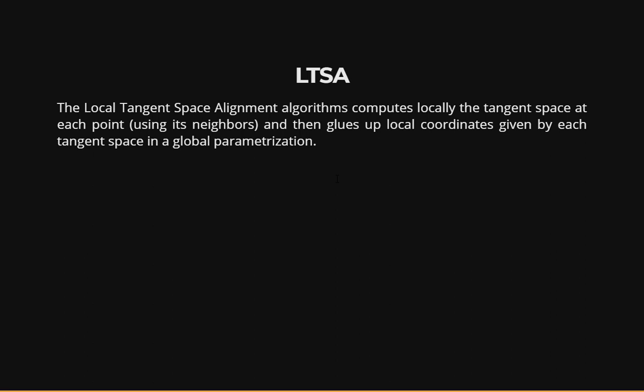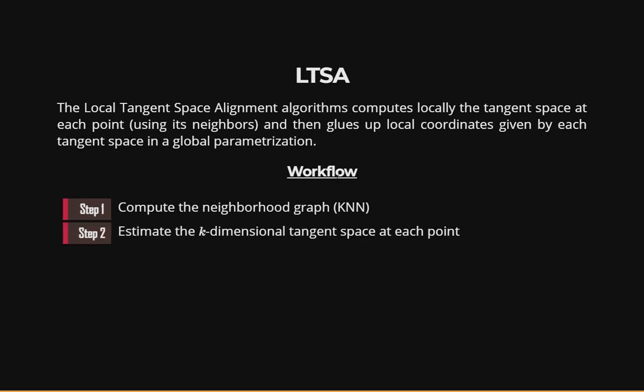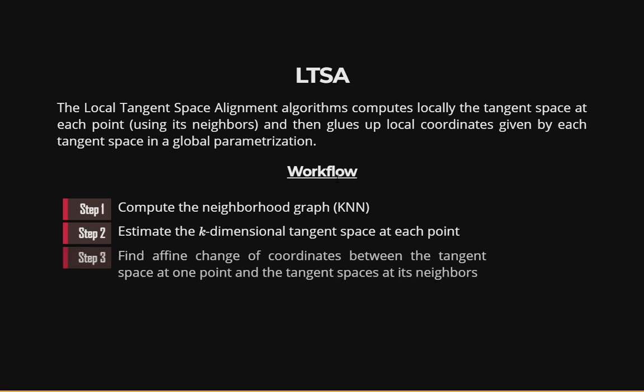Now, the idea is easier than the others. The algorithm is much more difficult, really in terms of linear algebra. But the ideal workflow is the following. You compute a KNN graph. You estimate the k-dimensional tangent space at each point using the neighborhood points. And you find this affine change of coordinates that flattens out all the tangent spaces.